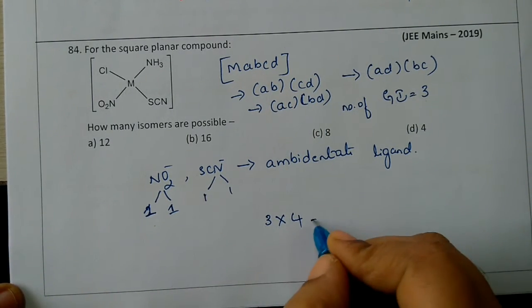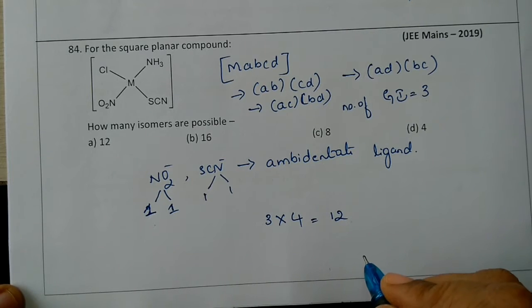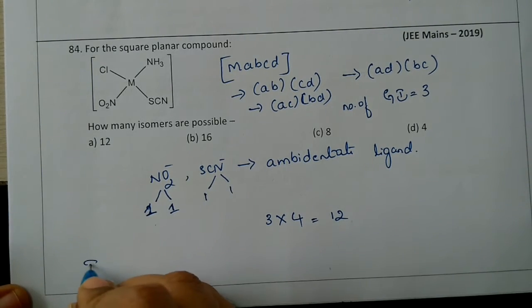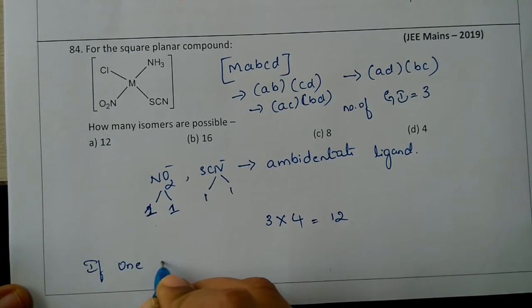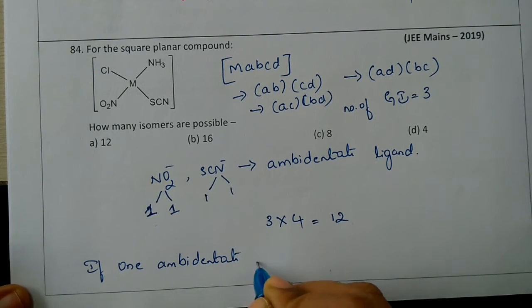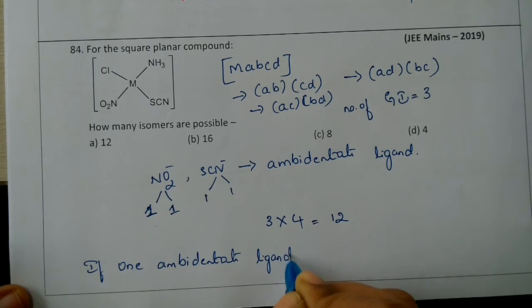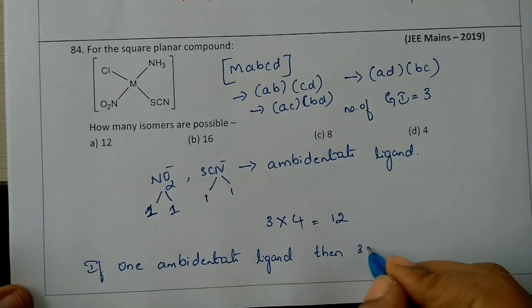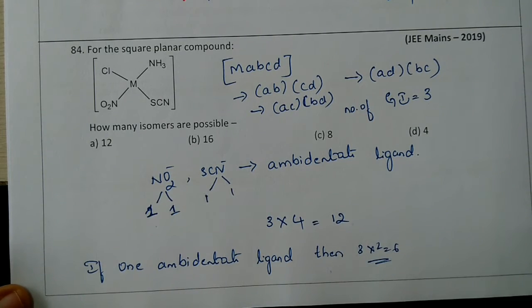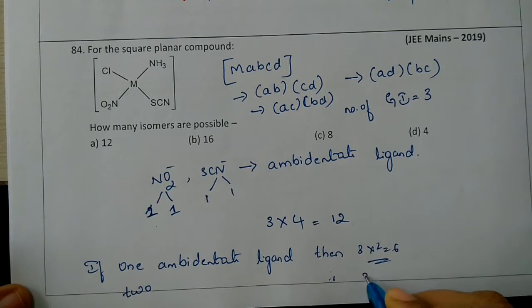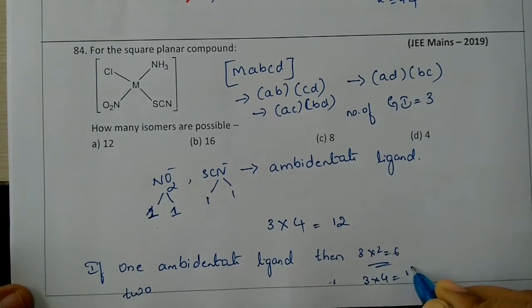Then the total will be 12 isomers. If one ambidentate ligand is present, then 3 into 2 equals 6. We have 2 such ligands, so 3 into 4 equals 12.